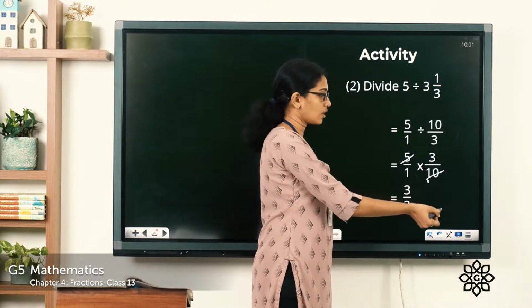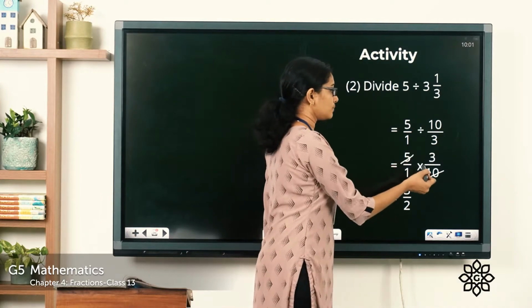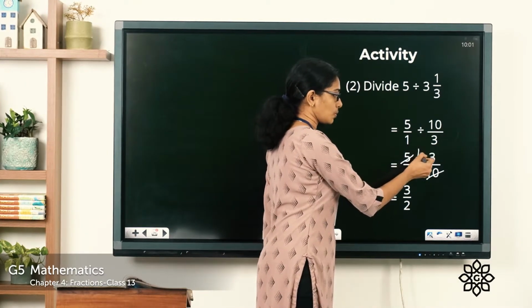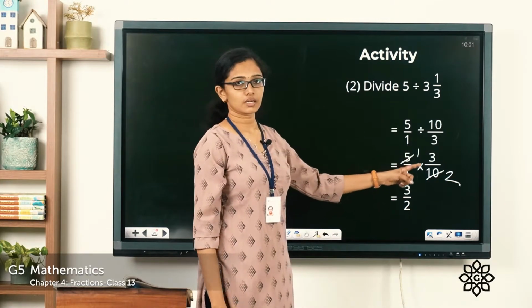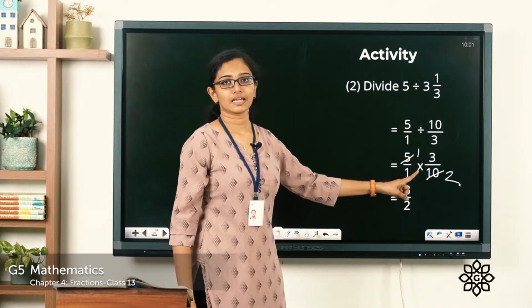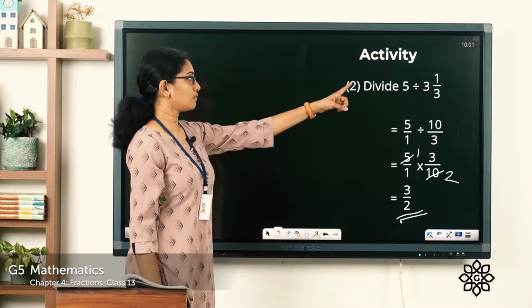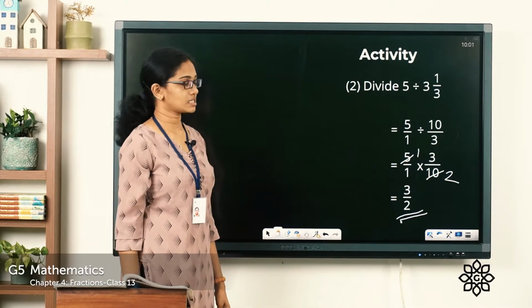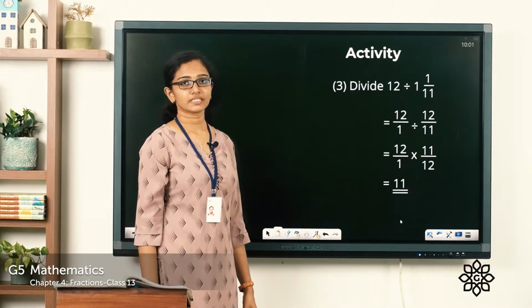So let's cancel out this numerator and this denominator with 5. 5 divided by 5 is 1, and 10 divided by 5 is 2. That would be 1 into 3 by 1 into 2, which is equal to 3 by 2. So there we have the quotient: 5 divided by 3 1 by 3 is equal to 3 by 2. Let's move on to the third question.